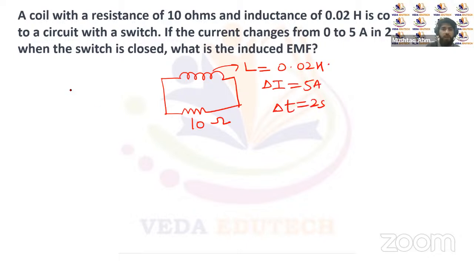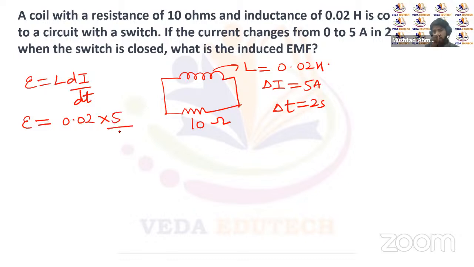Now the induced EMF will be equal to L dI over dt. The value of L is 0.02, multiplied by the change in current, 5 ampere, because the current changed from 0 to 5 ampere. We write dI as 5 upon delta t, that's 2 seconds.